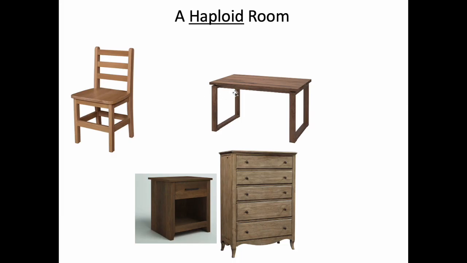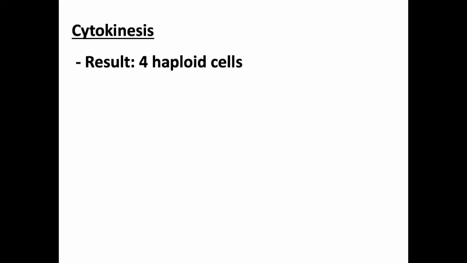One single copy of each piece of furniture. Sorry if this furniture analogy is getting a little tedious, but it's a good way, I think, to describe what's going on here. By the time we finish this second cytokinesis, we now have 4 haploid cells.